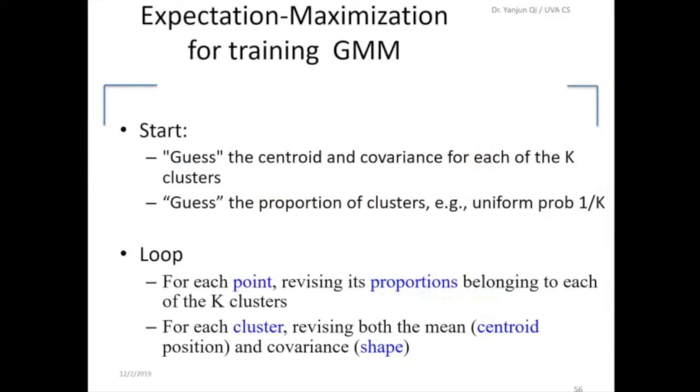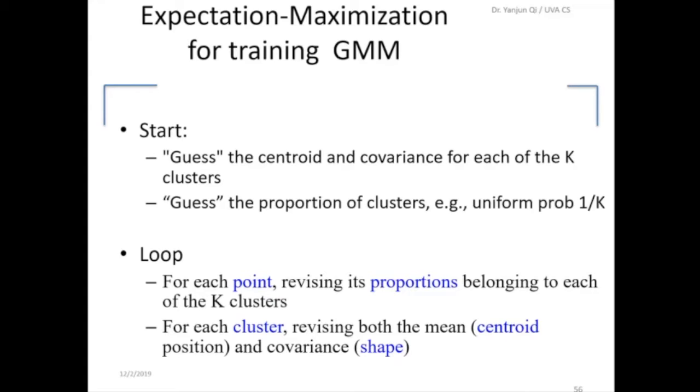The basic method to train a Gaussian mixture model is expectation-maximization. So you start by guessing the centroid and covariance of each of the k clusters. Now your guess is not just the center, you also need to guess the shape. And beyond that, you also need to guess the proportion of each cluster.